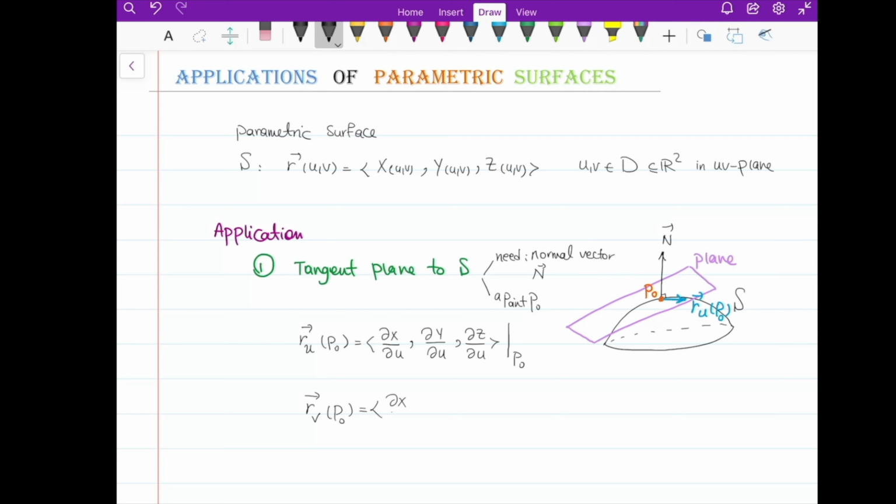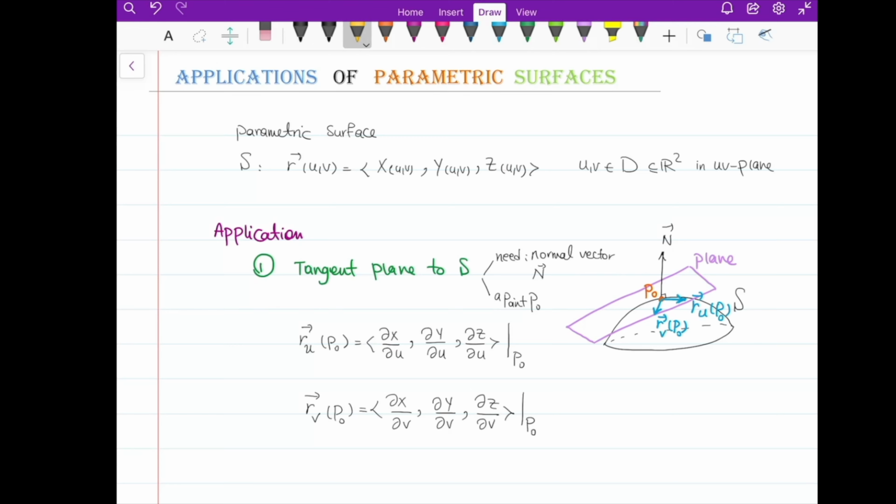So I'm taking the derivative of x with respect to v, the derivative of the second coordinate with respect to v, and the third coordinate with respect to v at the point P0, and then assume that this vector r_v at the point P0 is the second vector. Because of the definition of partial derivatives, both of these vectors are tangent to S at the point P0.